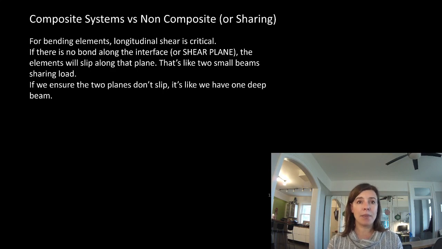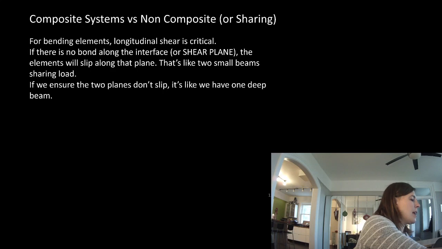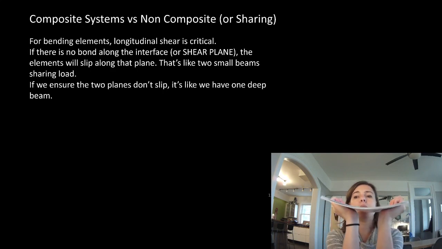For bending elements, longitudinal shear is critical. If there is no bond along the interface, or the shear plane, the elements will slip along that plane. It's like two small beams sharing load. If we can ensure there isn't slip, we have one deep beam. And a good way to think about it is trying to bend this paper.